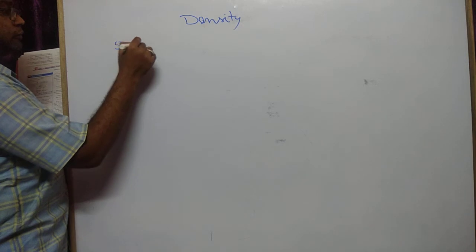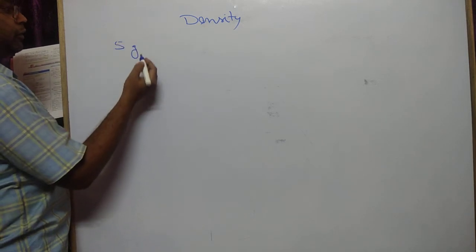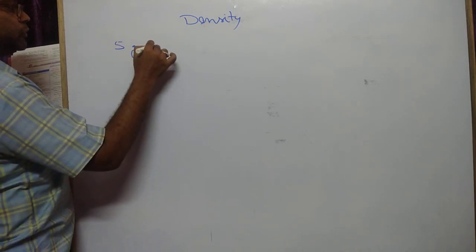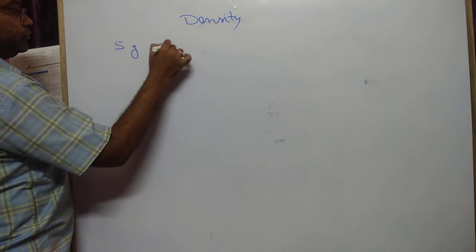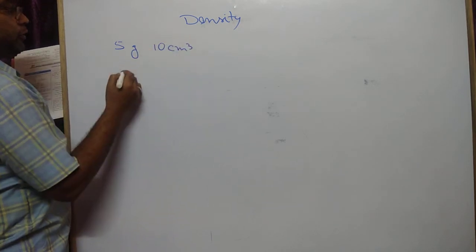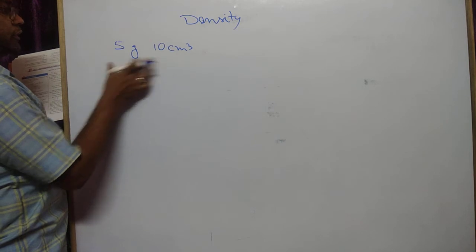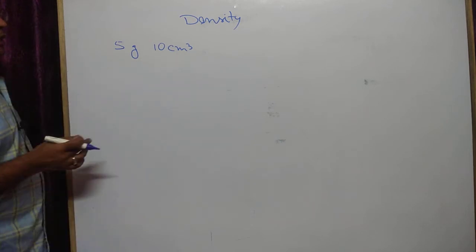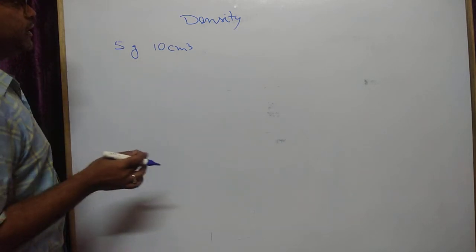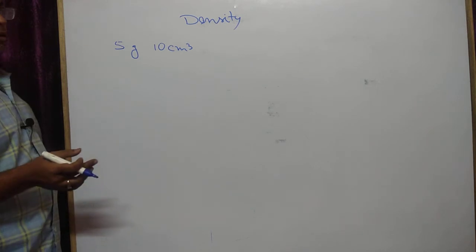5 gram of any metal having volume 10 cc, 10 centimeter cube. This statement, 5 gram mass having volume 10 centimeter cube, gives you the concept of density.